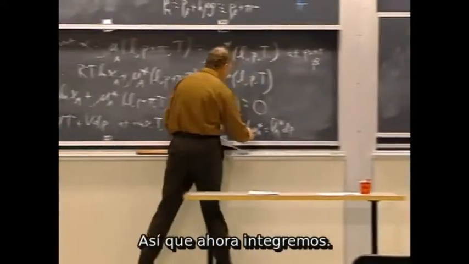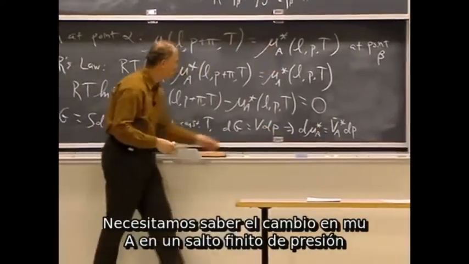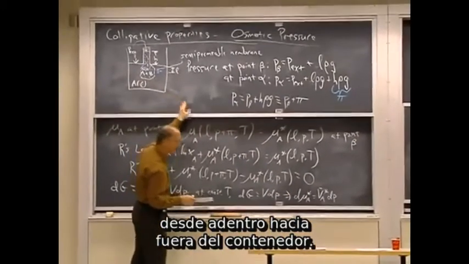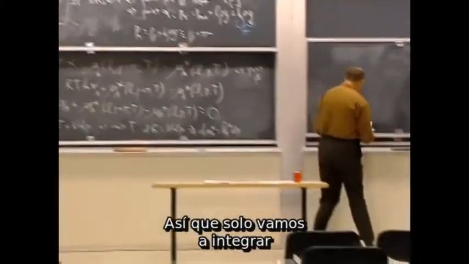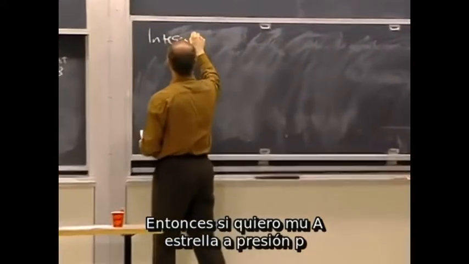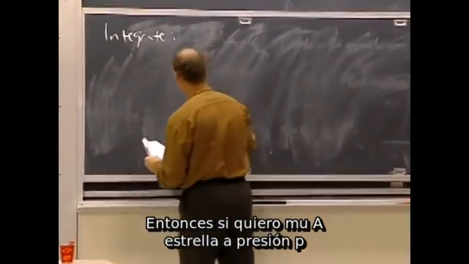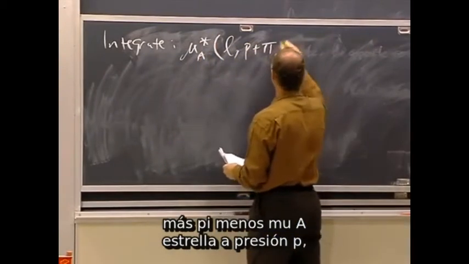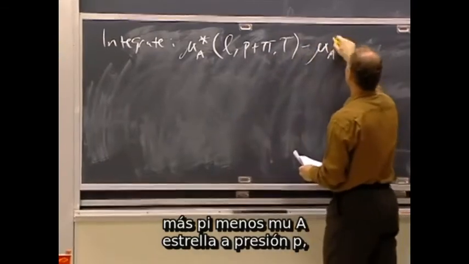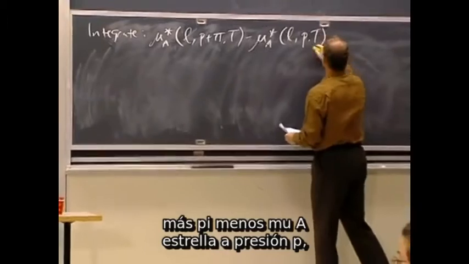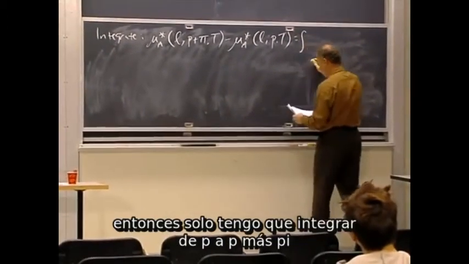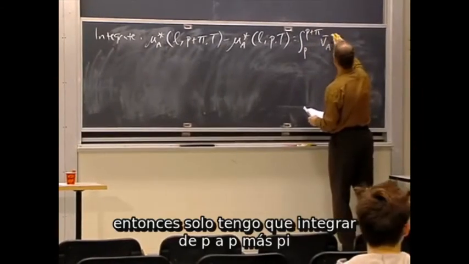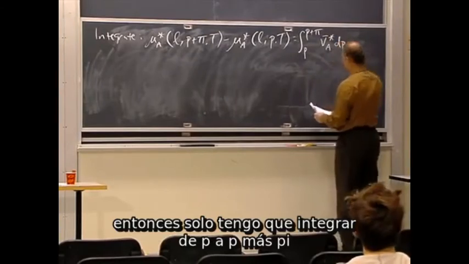All right. So now let's just integrate. We need to know the change in mu A at a finite jump in pressure from inside to outside the container, so we're just going to integrate. If I want mu A star at pressure P plus pi minus mu A star at pressure P, then I just have to integrate from P to P plus pi of VA bar star dP.